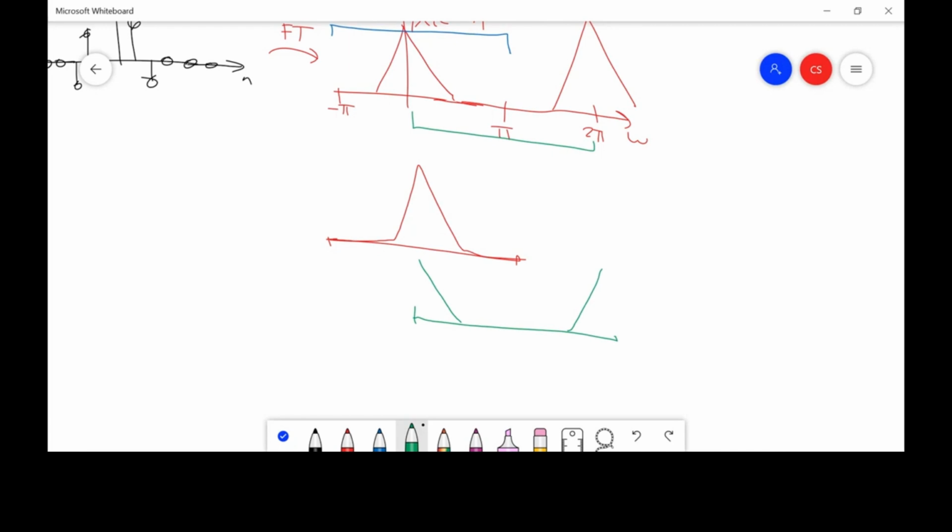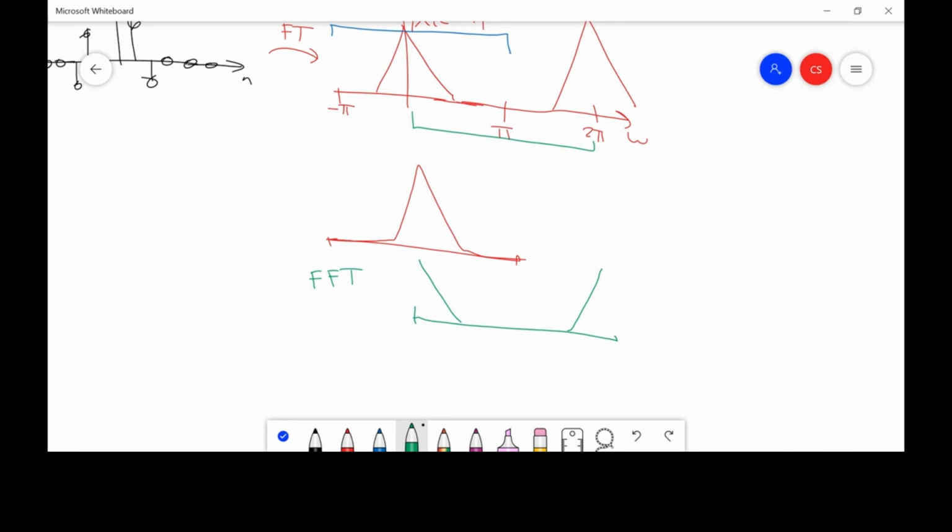You see? So most FFT libraries, FFT, you know, fast Fourier transform, work like this. They don't like to work in the other way because the fastest way to calculate is by using omega that goes from 0 to 2 pi, not one that goes from minus pi to pi.